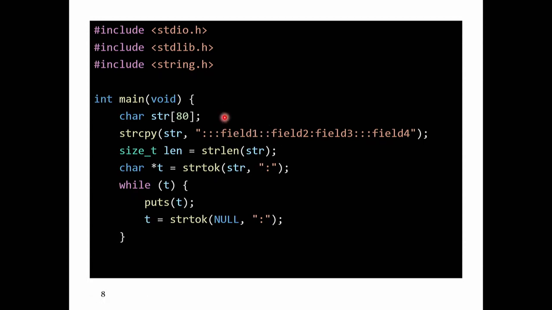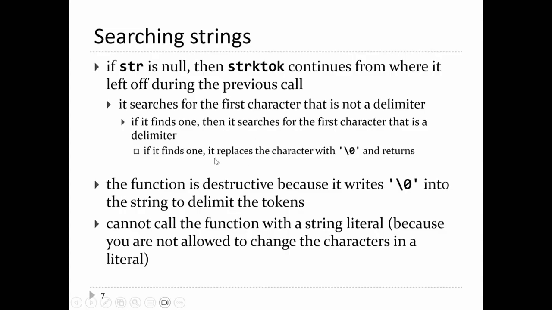It also remembers where the first non-delimiter character was, where the F is. So the function is destructive. It destroys the string that it's trying to extract the information from. It's going to write in a bunch of these \0s.